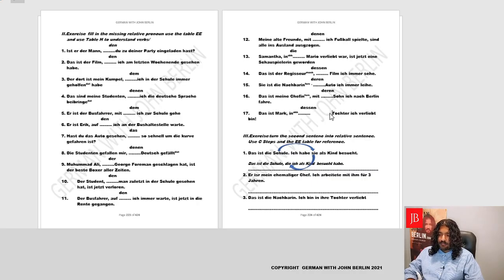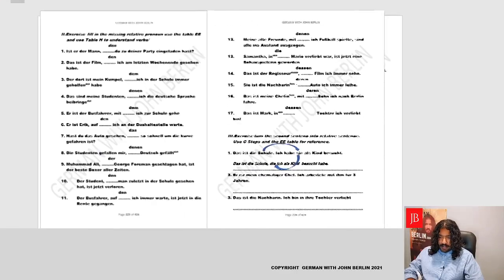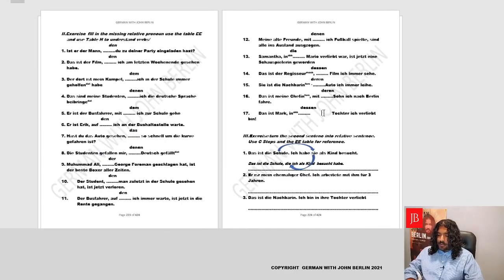This will not be genitive. For example, if I write in whose beautiful daughter, I'll write in dessen schön. Let me just bring it back. Yes. So that is Mark, in whose beautiful daughter.